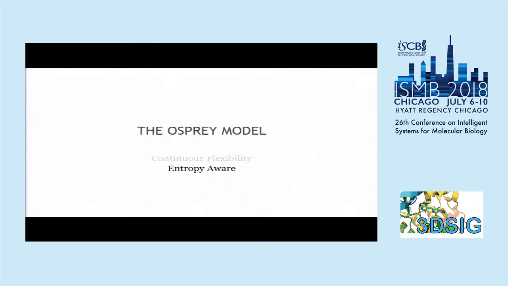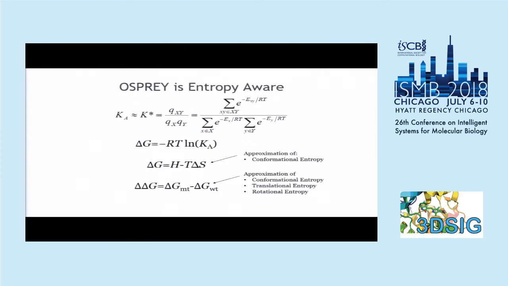Finally, OSPREY is entropy aware. So the way our K-star algorithm approximates the Ka of binding is through an approximation of the partition function of the bound and unbound proteins. And what this allows us to do is actually to calculate an ensemble. And this ensemble takes into account some of the entropy.